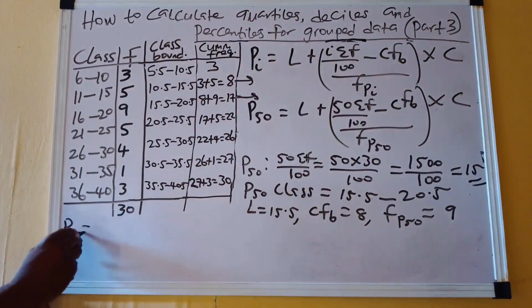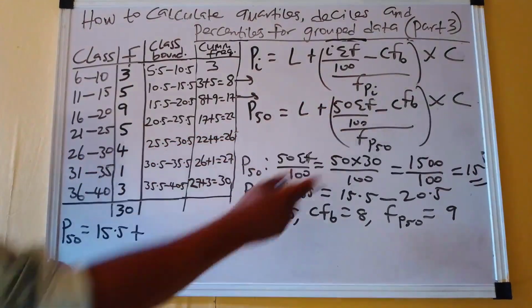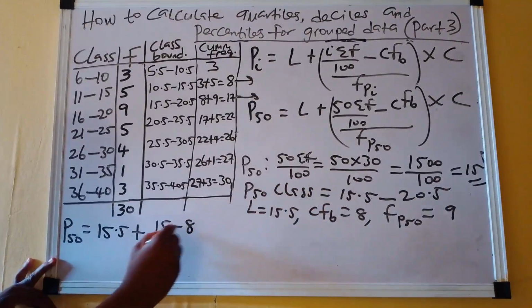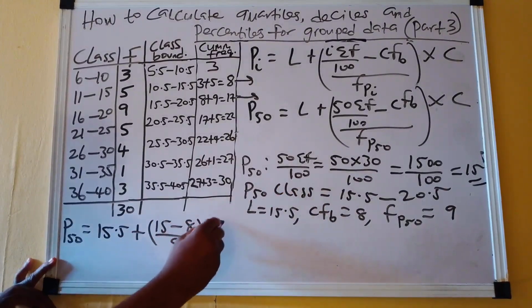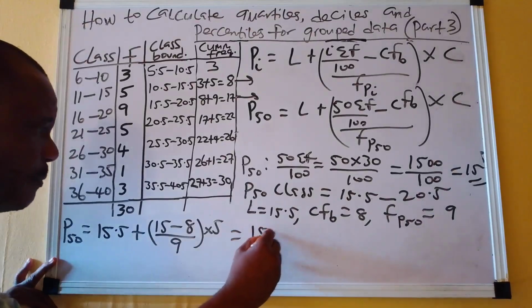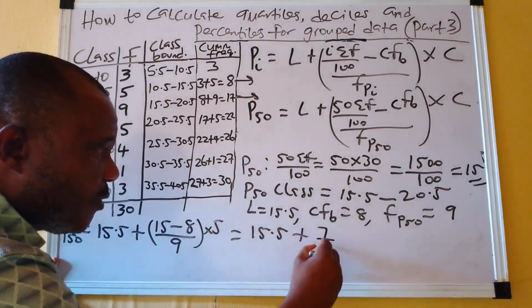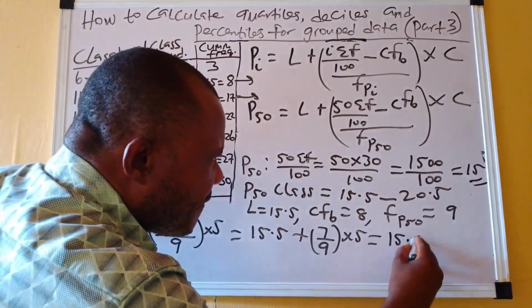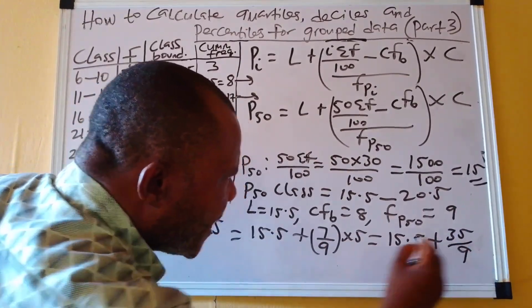Now we can go ahead and calculate our P50. Our P50 is equal to L, which is 15.5, plus 50 summation f over 100, which is 15, minus the cumulative frequency before that class, which is 8, all over the frequency of that class, which is 9, then times 5. This is now equal to 15.5 plus 15 minus 8, which is 7, all over 9 times 5, and this is equal to 15.5 plus 7 times 5, 35, all over 9.